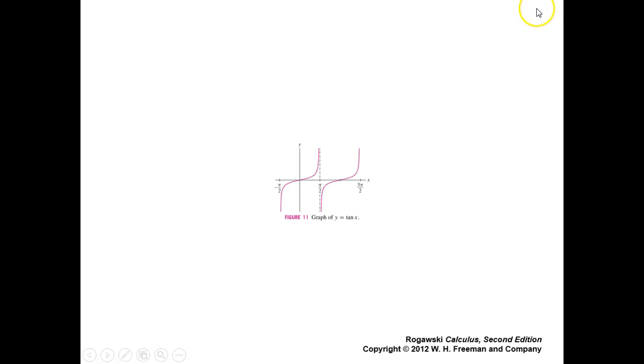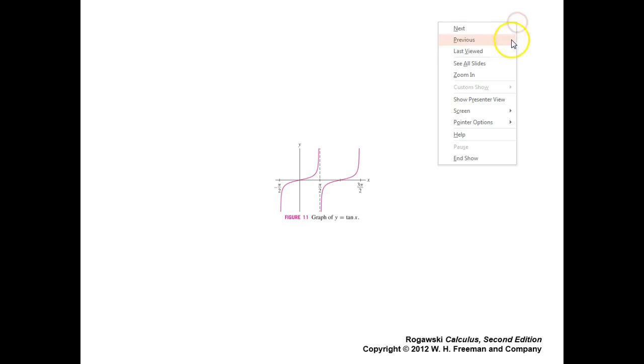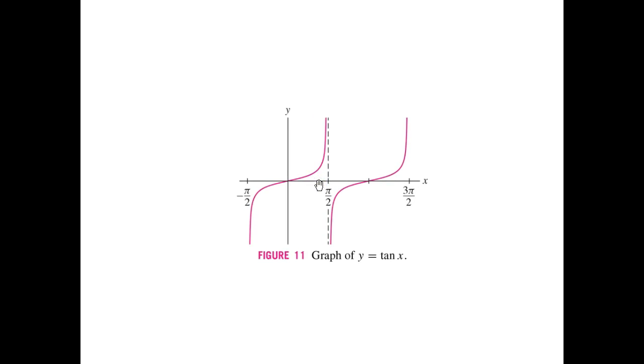Okay. Now, I mentioned the other trig functions. Now they're showing them. The only continuous trig functions are sine and cosine. But here's an example of tangent. Now, what makes tangent not continuous is that what is the ratio identity or the quotient identity for the tangent function? Does anyone remember? Sine over cosine.